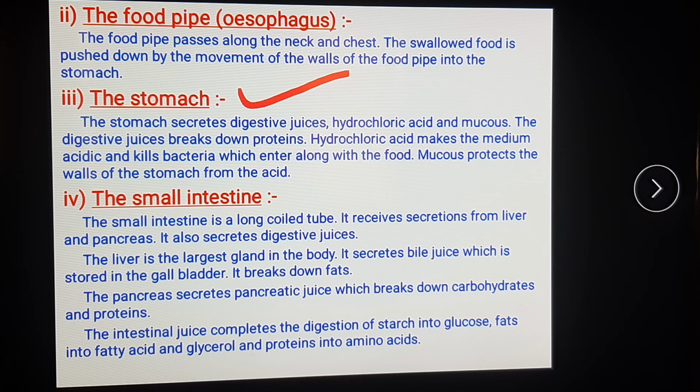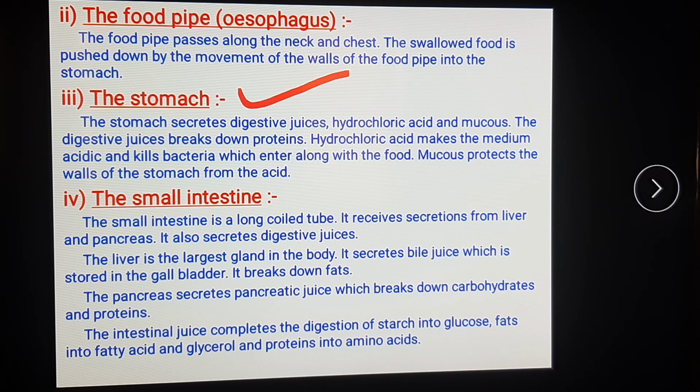Next point is the small intestine. Now the food from the mouth comes into the esophagus, then it is pushed down into the stomach, and then from the stomach the food will get pushed down into the small intestine. This small intestine is a long tube, and that long tube receives secretions from the liver and pancreas.